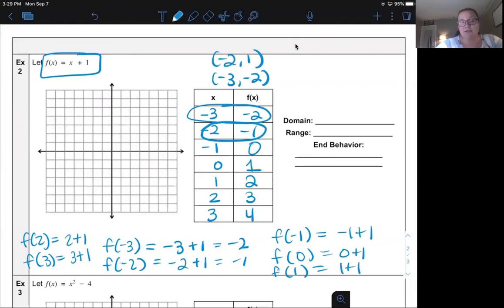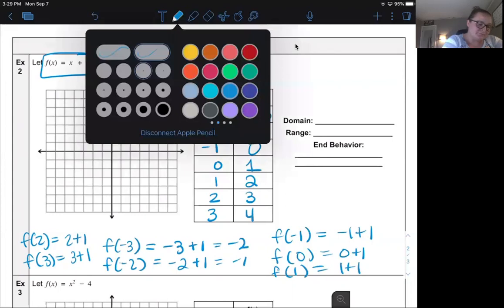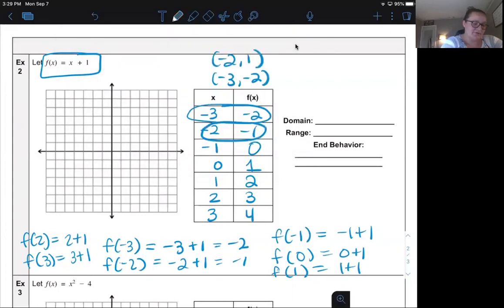But before you do that, there's some things you need to know about graphing in this class. Anytime you make a graph for this class, you have to have the following clearly labeled to get full points. First of all, you need to label your axes, x and y. Then you need to label your scale. And when you do that, you need to put dashes at every single point here.